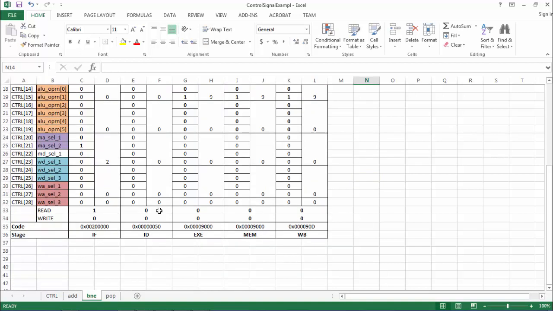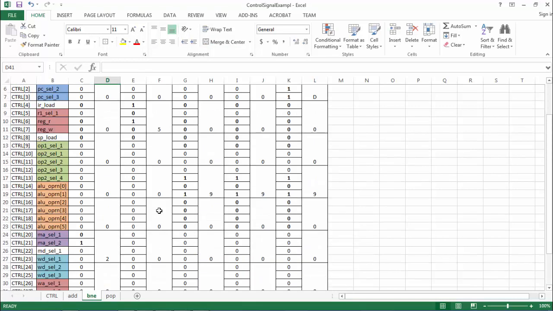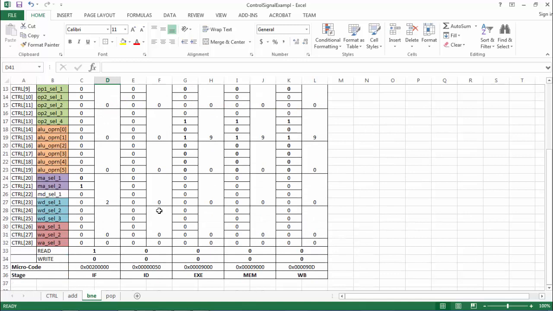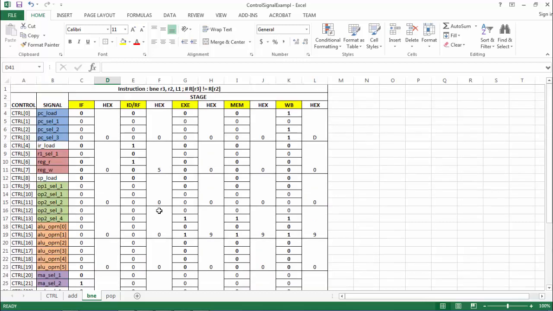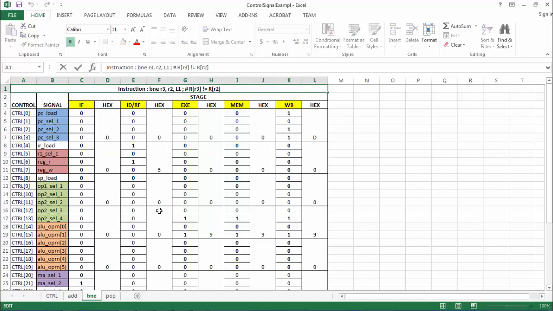Okay, so this becomes your microcode to be generated from the controller to the data path at each phase: instruction fetch, decode, exe, mem, and wb. Okay, so this is how the BNE would work. And let's say we have this condition, equals equals, right?